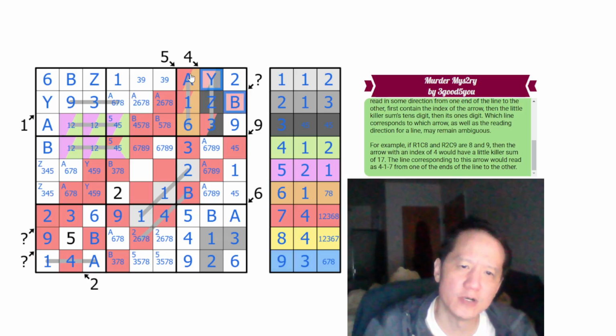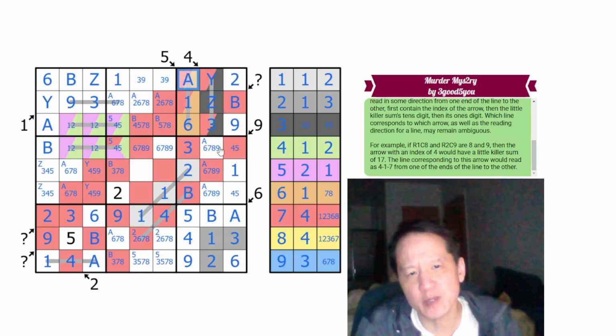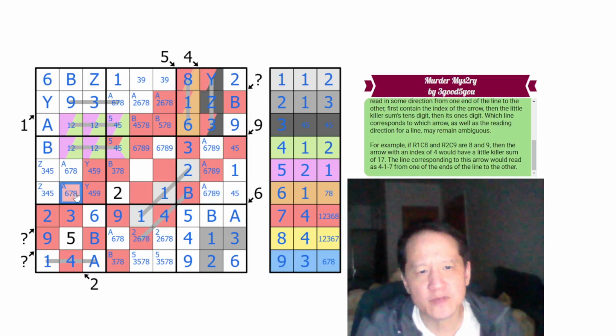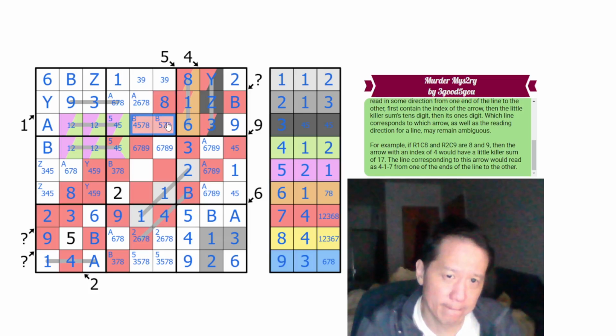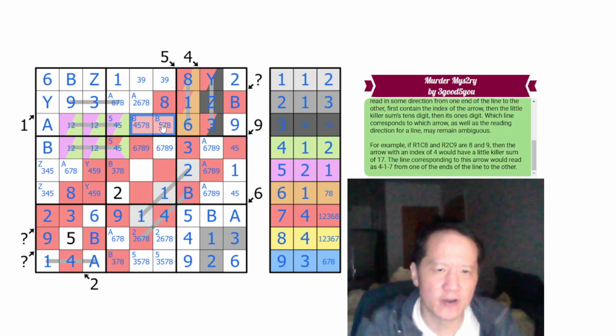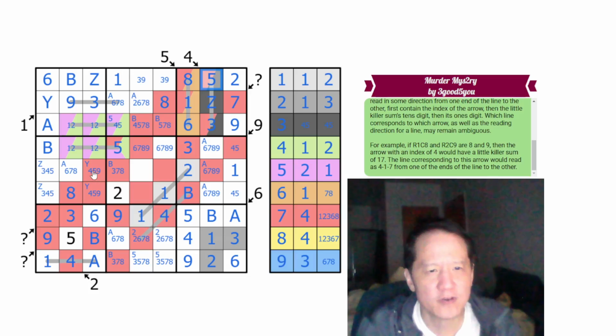So this is 12. Okay, for this to be 12, it would have to be 8 here. So we'd have 8, 8. This could be 8. This could be 7 and 5. Whichever one this is has to be the same as that one. So this could be 5, 7, 5. So this would be 7, this would be 5. This could be 5 and 9.